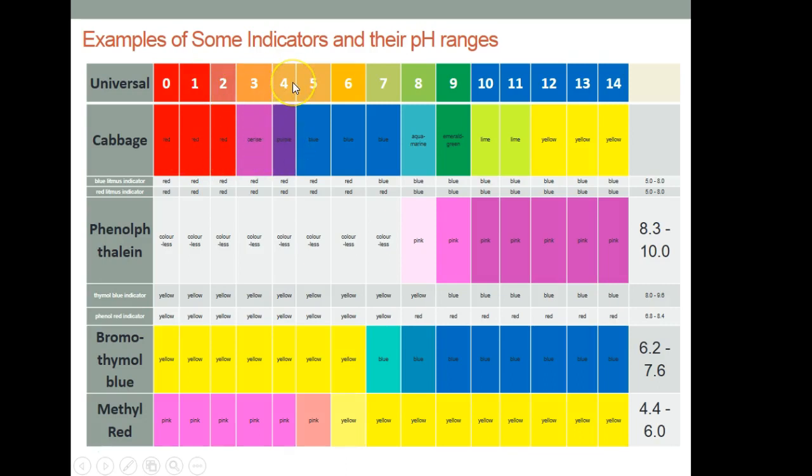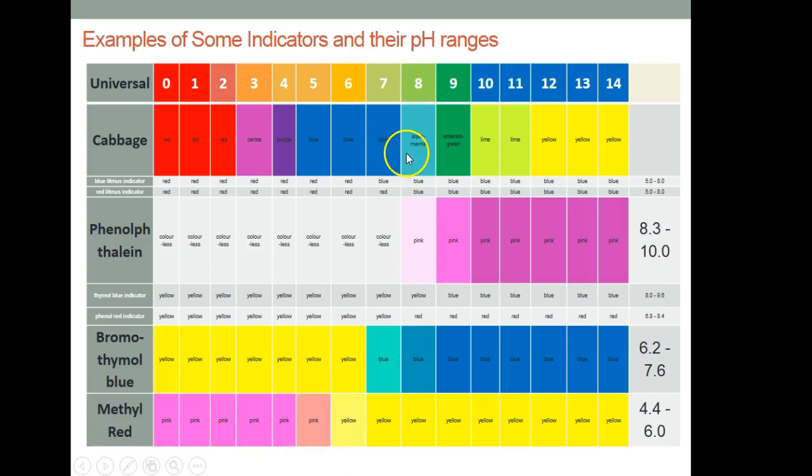And then if I have a different pH range, I can still use universal or cabbage, because again, between 6 and 9, you're going from yellow to green. And then again, at a higher basic pH range, I can still use universal because it goes from green to blue.